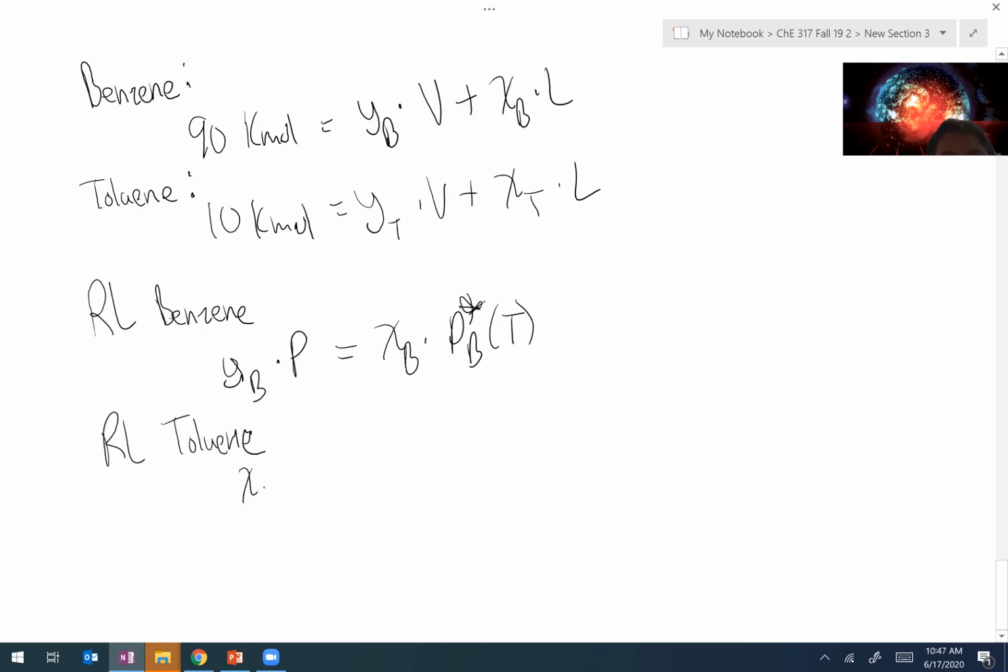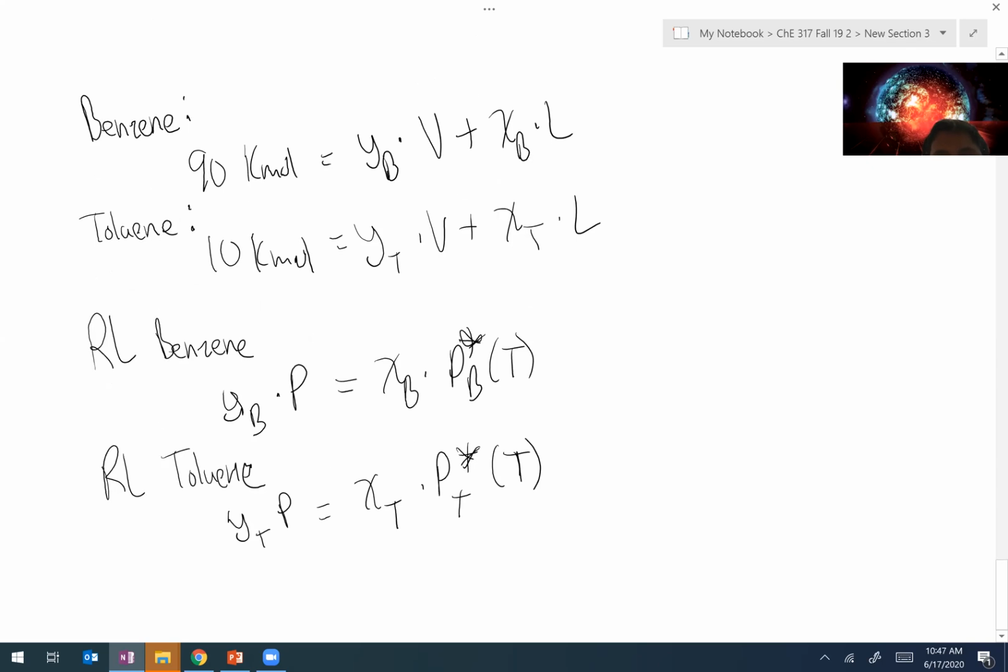You would have Y of toluene times the total pressure is equal to X of toluene times the vapor pressure of toluene at that temperature.